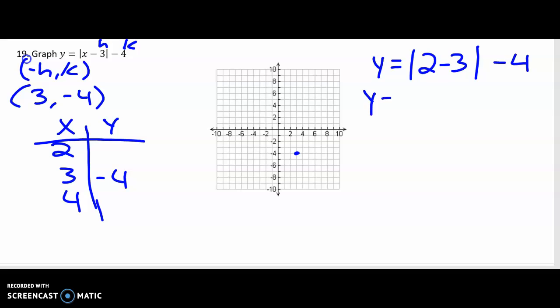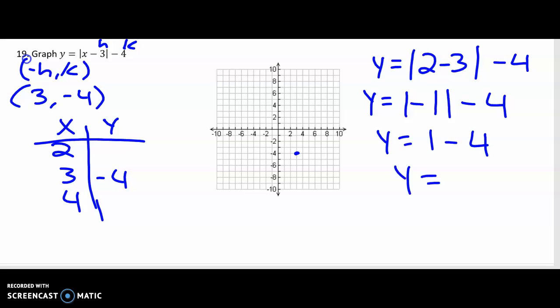So I am left with y is equal to the absolute value of 2 minus 3, which is negative 1, minus 4. The absolute value of negative 1 is positive 1, so 1 minus 4 gives me negative 3. That means when I plug in 2, I get negative 3, and remember, as long as you pick the same distance, they should be the exact same point there. So (2, negative 3), (4, negative 3), and I go ahead and draw my arrows coming out of it. Nice and easy.